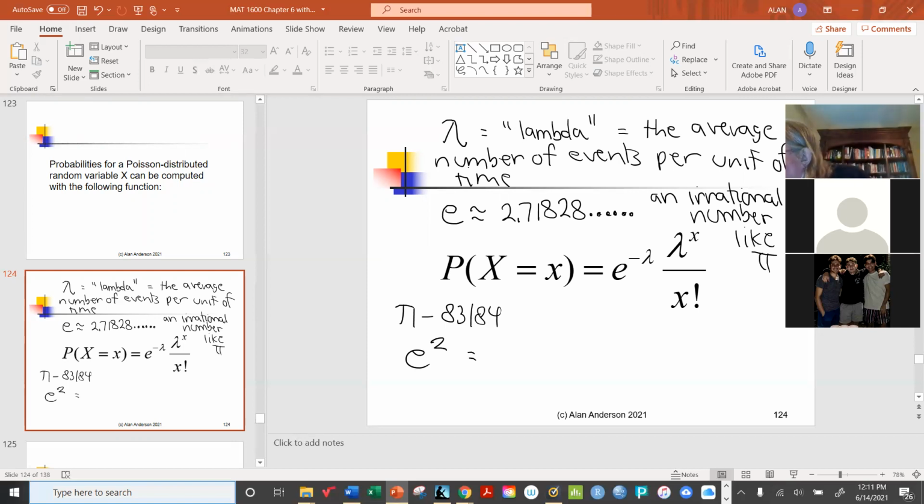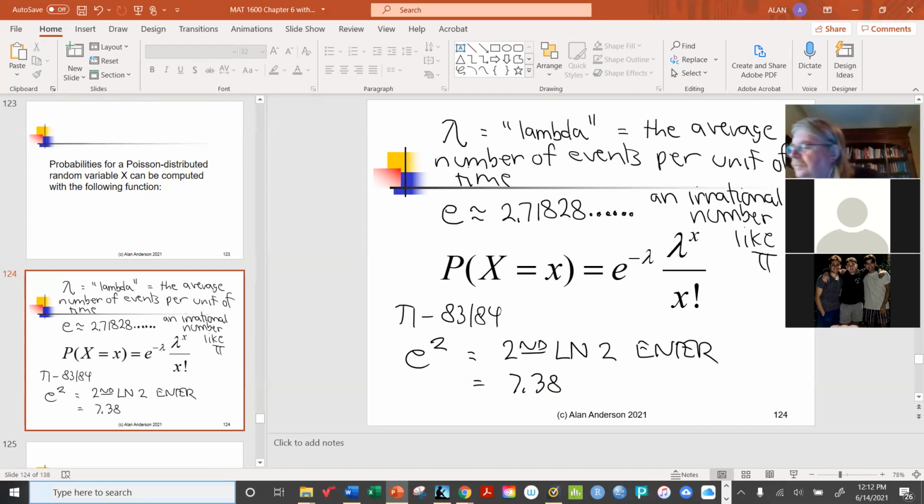Let's see, where is it hiding in here? There it is. You would type second, log, 2, enter, and you'd end up with approximately 7.389, let's say.